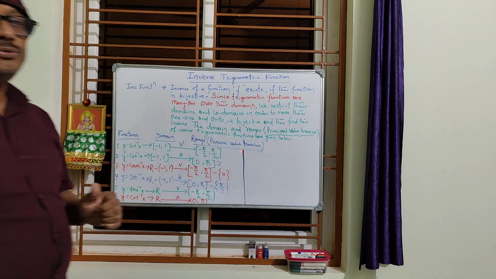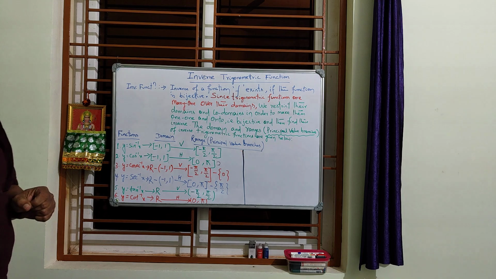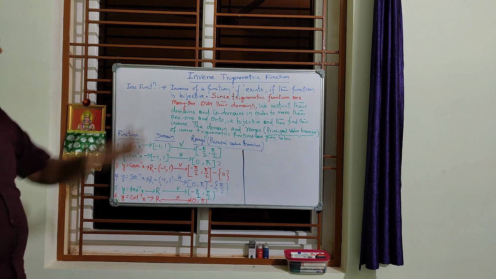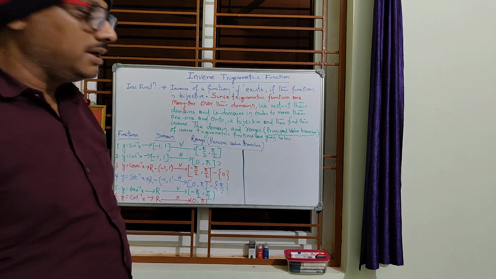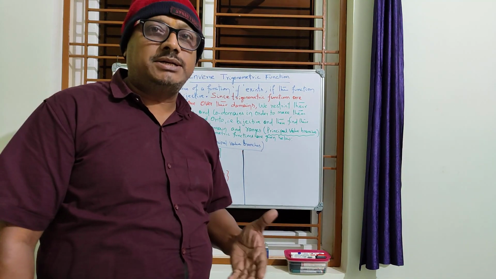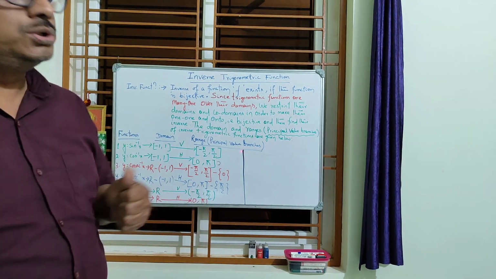Before that, we have to understand only inverse function. Inverse of a function f exists if the function is bijective. Bijective means the function must be 1-1 and onto.